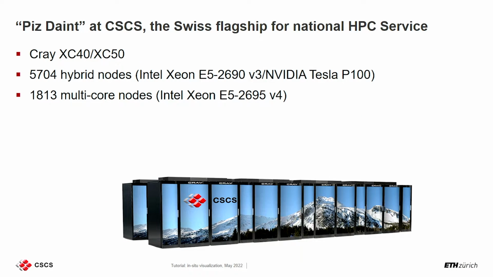PITSDAINT is the compute resource we have at our disposal today. For those of you not familiar with it, PITSDAINT is a Cray XC40 with over, I mean, I've taken this from the internet page, but I think we actually have over 6,000 nodes today. Those hybrid nodes are equipped with the Tesla P100 GPU.